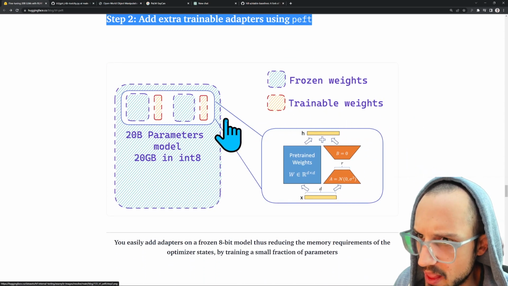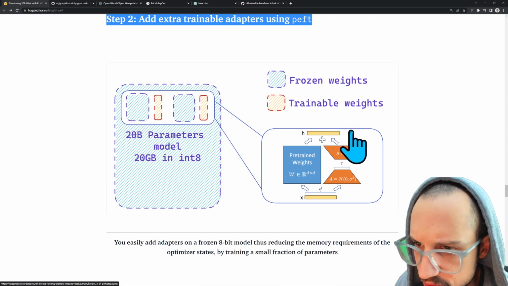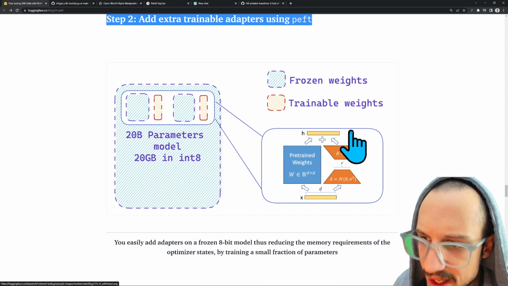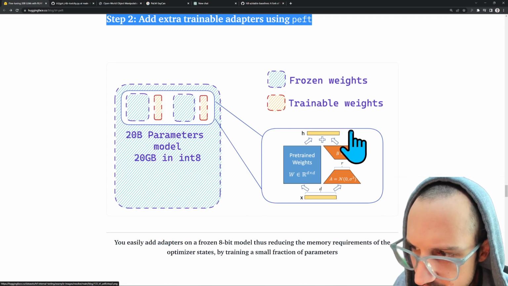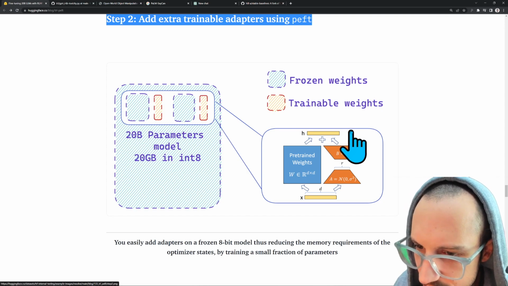Okay, so we talked about how you can freeze the weights within a model, and that will save you a ton of time because you basically don't need to calculate the gradients and change those values of the weights.